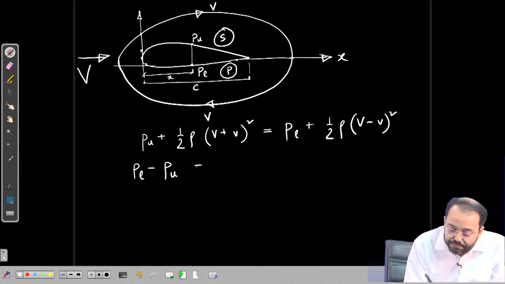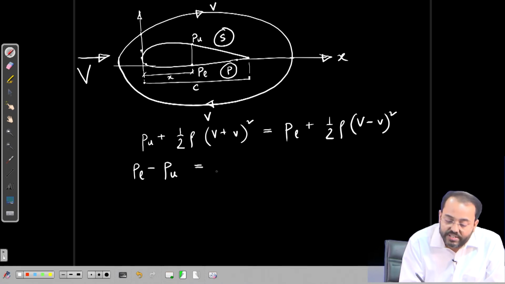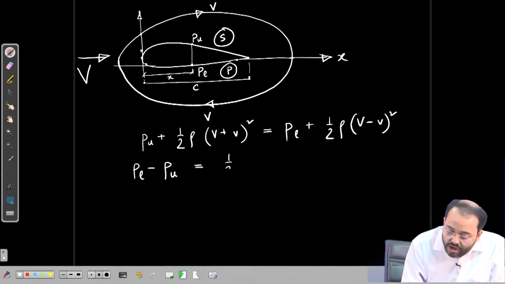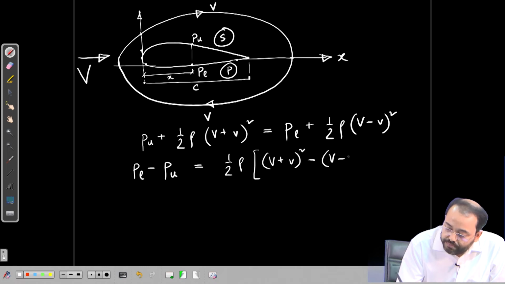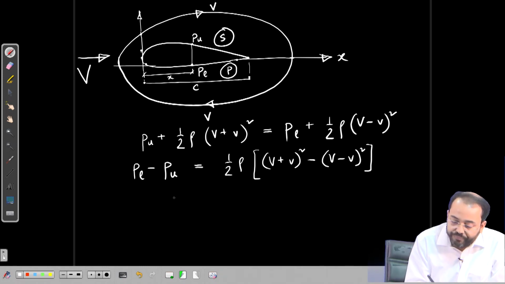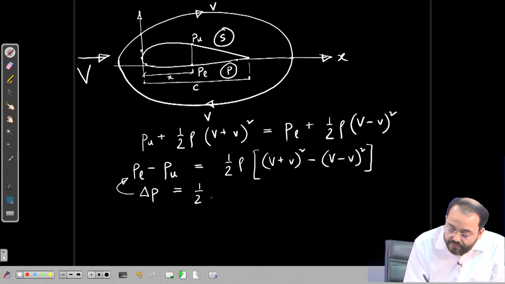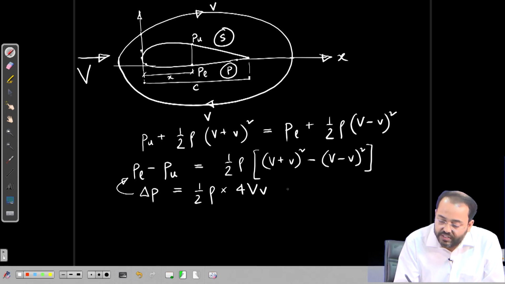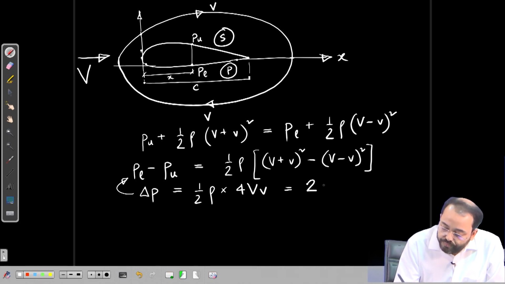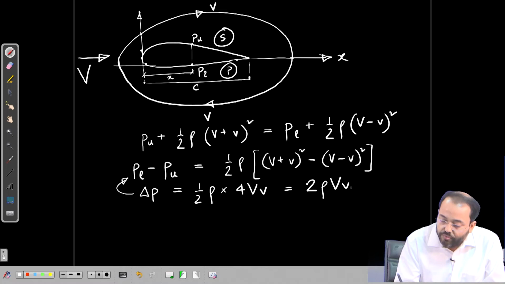So, Pl minus Pu, that we can also get from this equation, half rho into V plus v whole square minus V minus v whole square. So, if the pressure jump is given by delta P, this Pl minus Pu is half rho into 4 capital V into small v, which is 2 rho V into v.